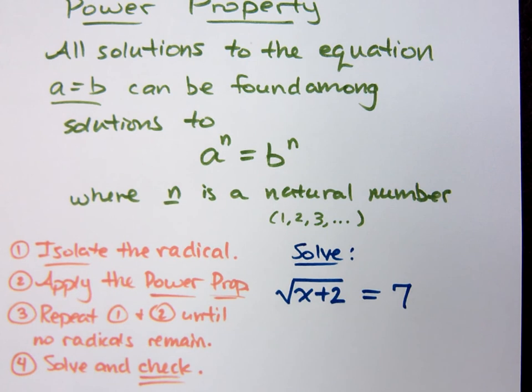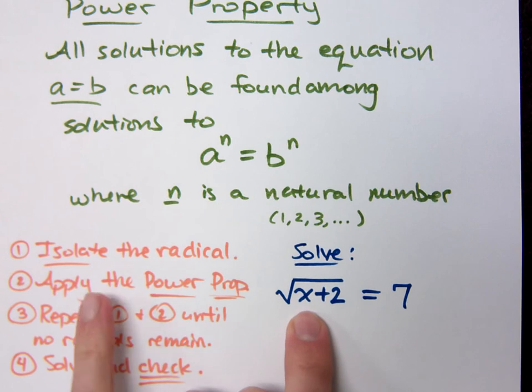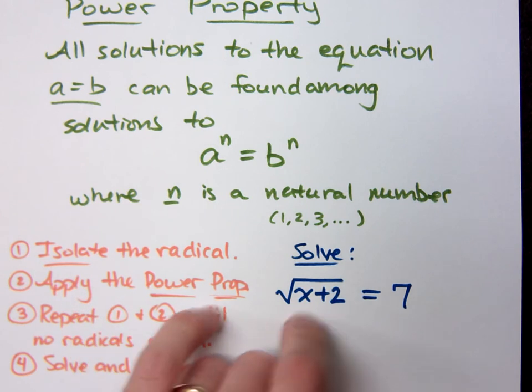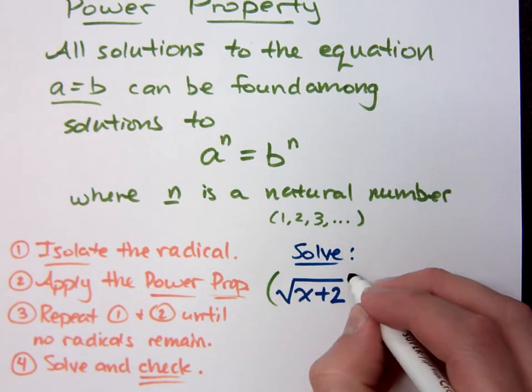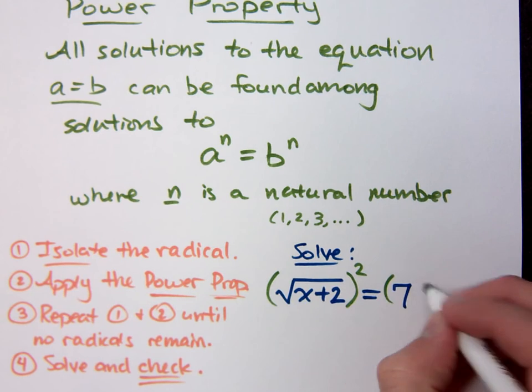The radical is completely by itself on one side of the equation. Now, notice the problem that we have here is that x is inside the radical. I've got to break him out. And that's where step 2 and the power property will come into play. So what power will I raise both sides of the equation to? I'm going to basically square both sides of the equation.